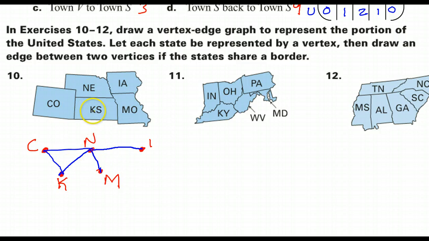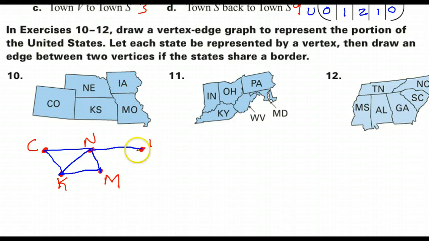All right, what about Kansas? Kansas shares a border with boom, boom. All right, Kansas shares a border with everybody except Iowa. So I've already got those two. So here's my Kansas-Missouri border. All right, but not Iowa. All right, what about Iowa? Iowa shares a border with Missouri and Nebraska.